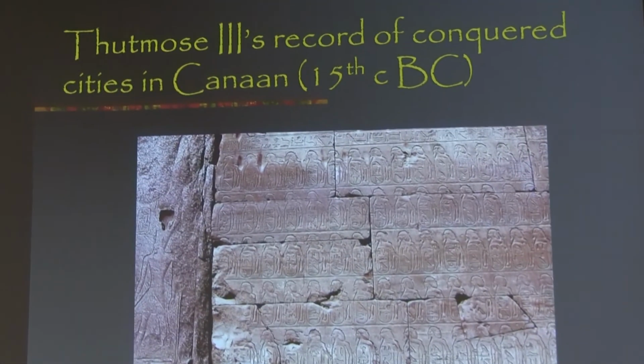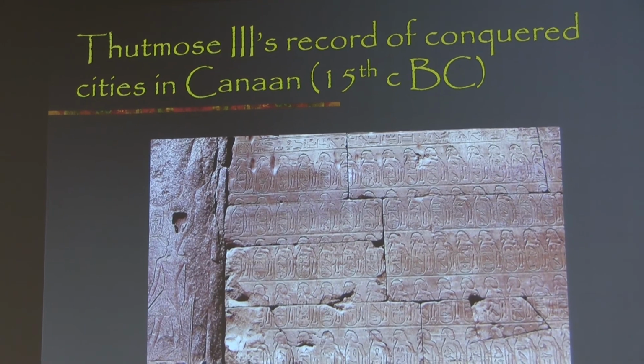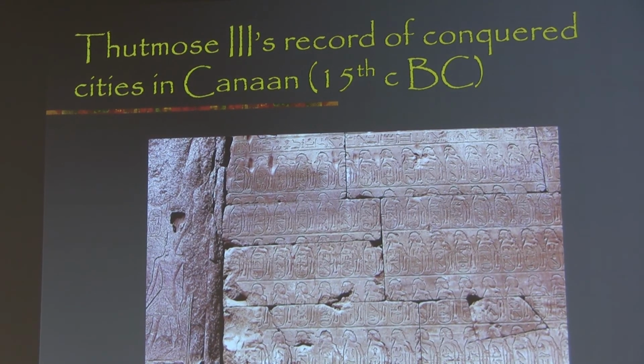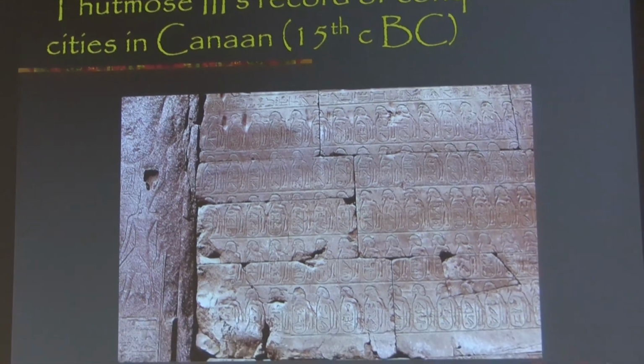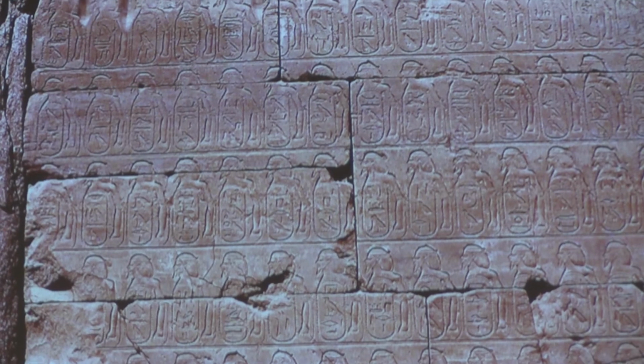Well, here's just one illustration of an expedition list. Thutmose III, probably the most significant Egyptian conqueror, if you will, military person. We have a number of records of things that he did, some of them taking place in Canaan. He's in the 1400s BC, 15th century.